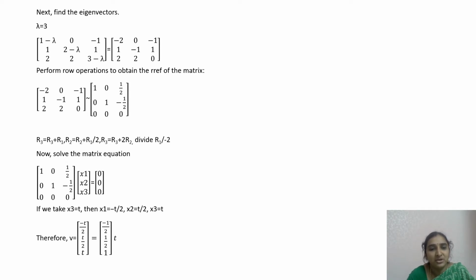If we take the value of x3 equal to t, x1 would be equal to minus t by 2 and x2 would be equal to t by 2. So our resultant eigenvector would be minus t by 2, t by 2 and t.